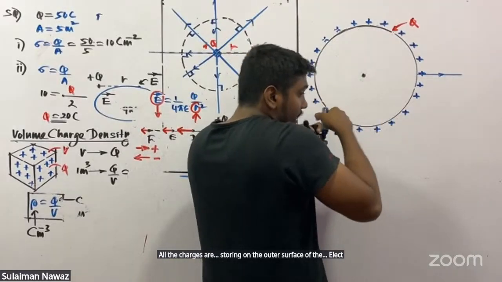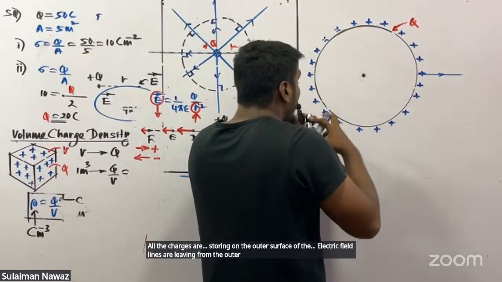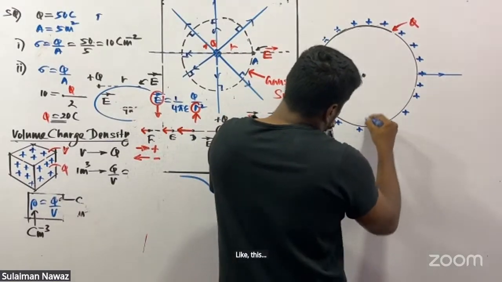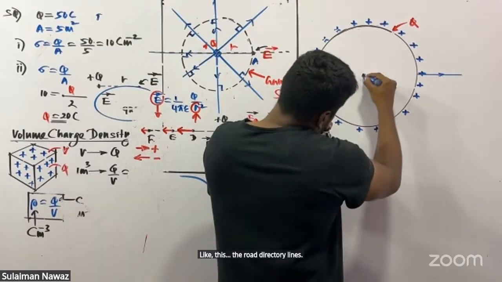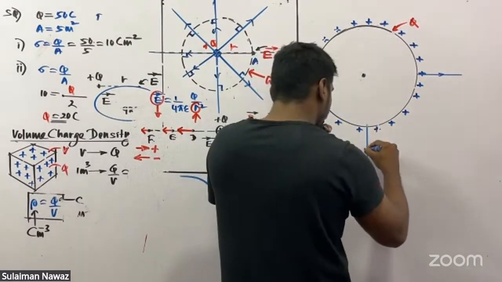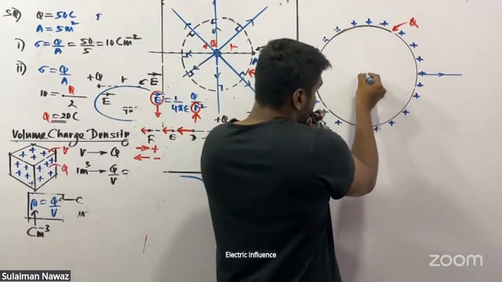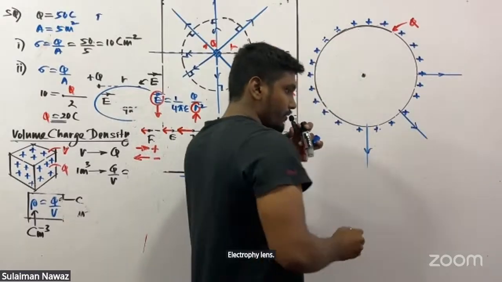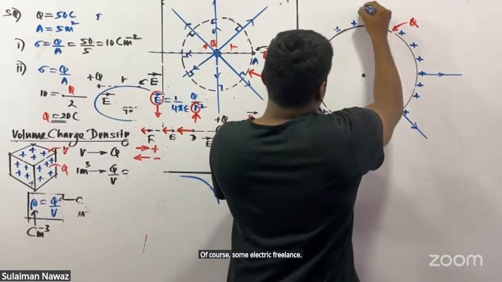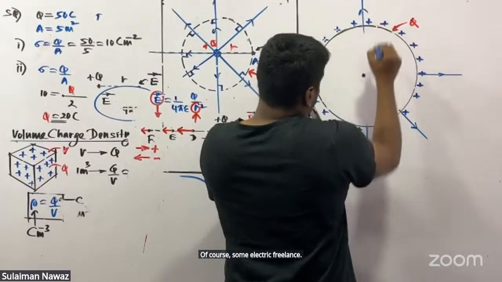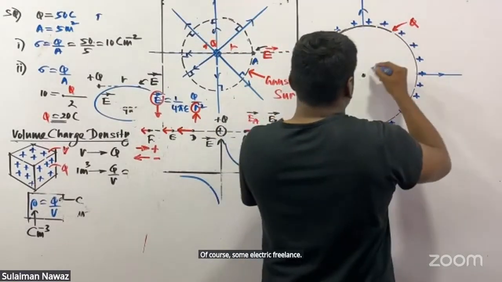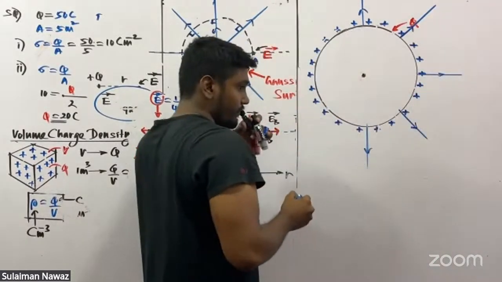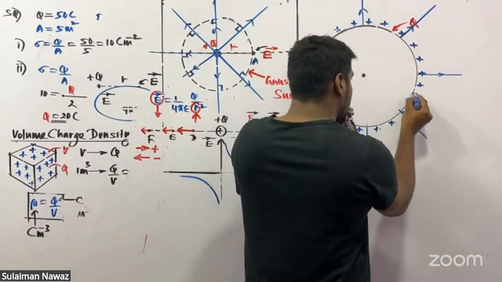Electric field lines are leaving from the outer surface of the hollow conductive sphere, like this. Draw some electric field lines.